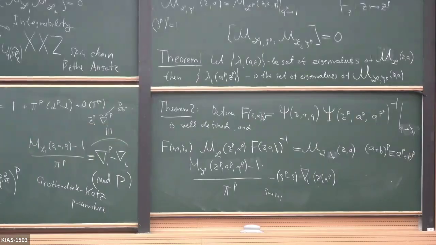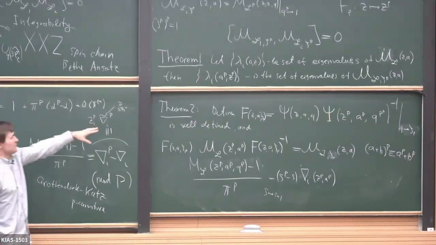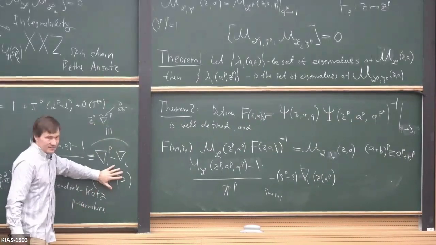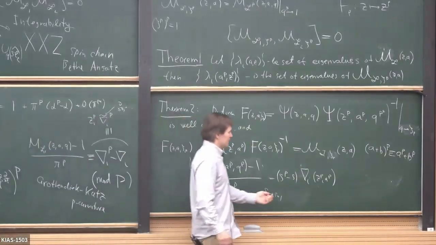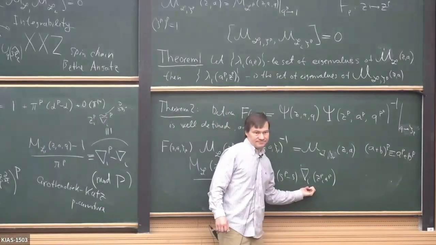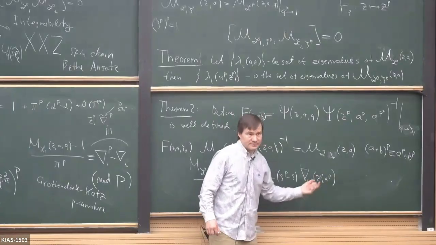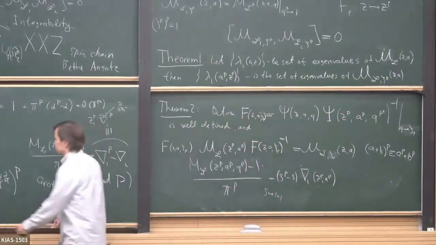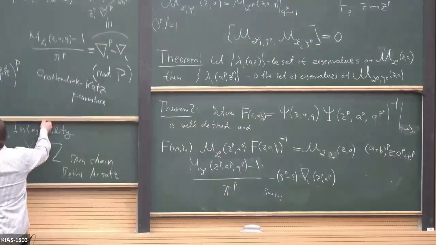Okay, to wrap up, because of theorem 2, this connection, the p-curvature, is isospectral to this connection, and this is just a normal connection, and everything works. Maybe I can write it down, and then I'm done.